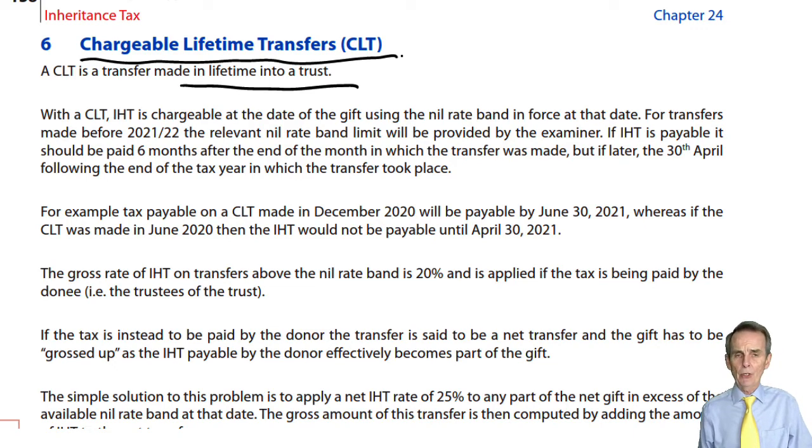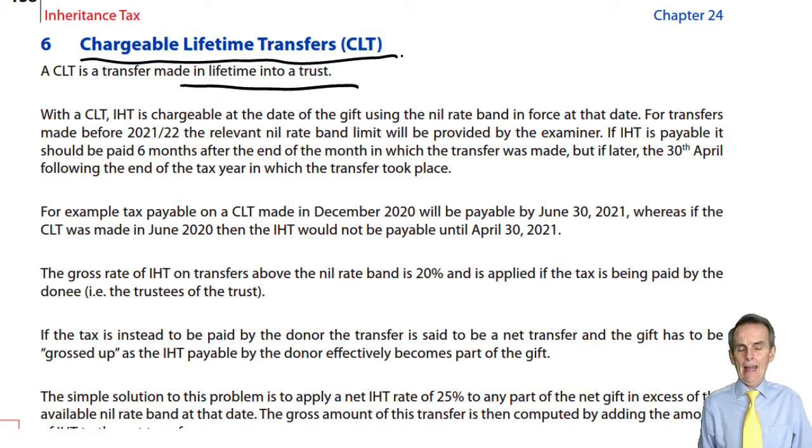So there was one computation, the first computation that we would have to do in terms of dealing with an examination question that involves transfers into trust, was to put that computation together, headed up, lifetime transfers chargeable when made. Using whatever was the nil rate band at that point, but given that we have had since the 09-10 tax year 325,000 as the nil rate band, it's very unlikely to be anything other than 325.